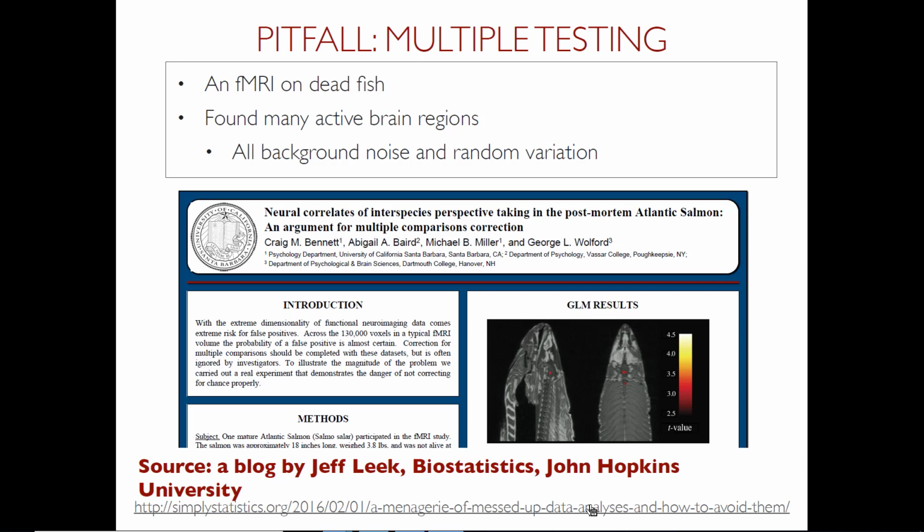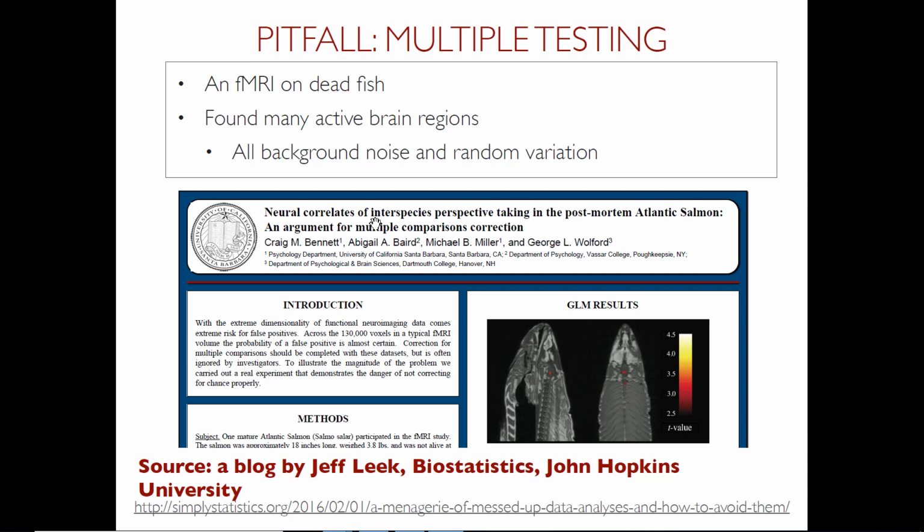And this is an example. I have several examples from Jeff Leek, who is a biostatistician at Johns Hopkins. He brought up this poster where scientists did a functional MRI of the brain of a dead fish. So the fish is dead, and they're measuring brain activity of the fish.